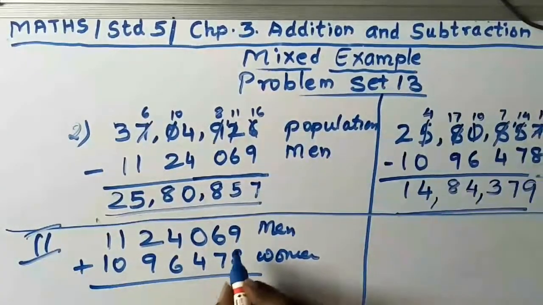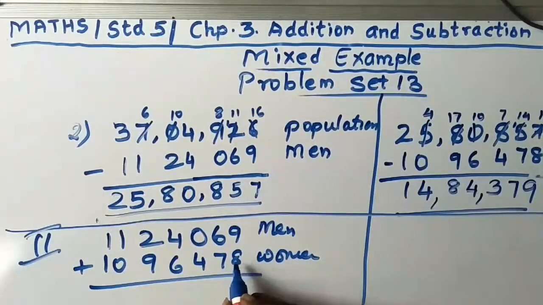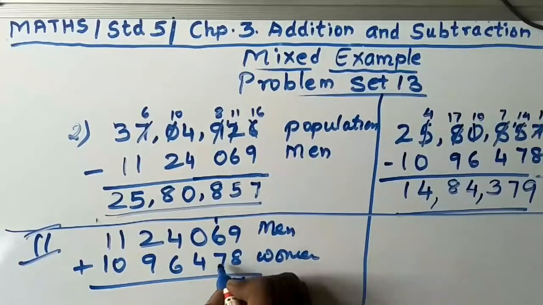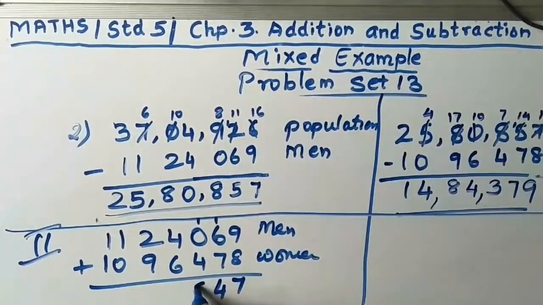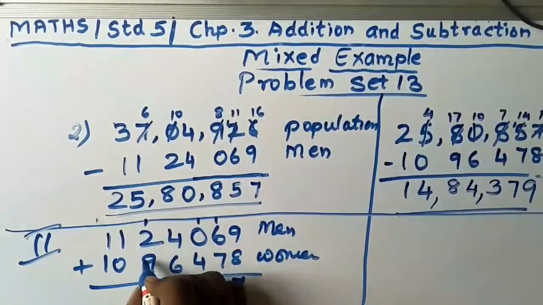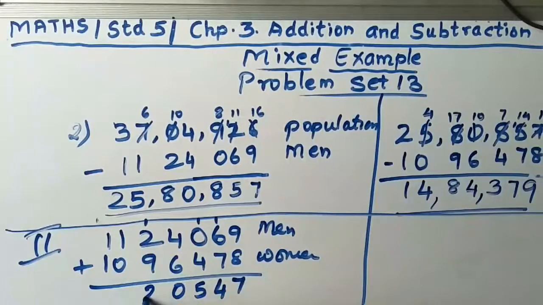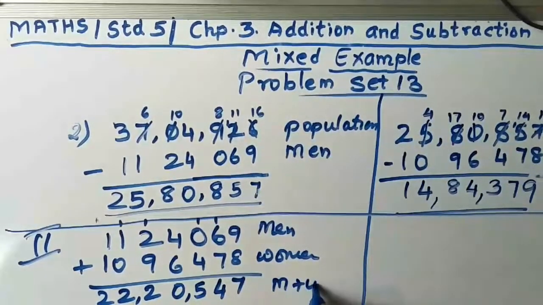I'll add first. 9 plus 8, 17. 1 plus 6, 7. 7 plus 7, 14, 1 carry. 4 plus 1, 5. 4 plus 6, 10. 9 plus 1, 10. 10 plus 2, 12. 1 plus 1, 2. So 22,20,547 are men plus women.